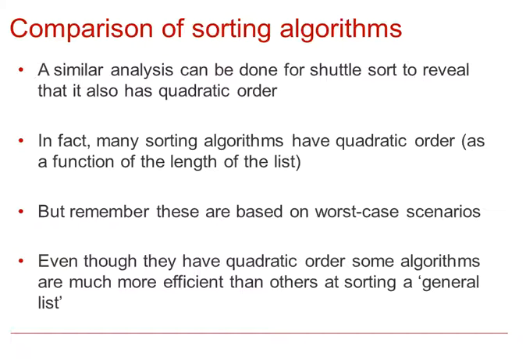Even though they have quadratic order, some algorithms are much more efficient than others at sorting a general list, as we saw with the shuttle sort compared to the bubble sort, with the number of comparisons being reduced. Remember, we don't need to know the full function of the complexity, but just that the highest order is n squared, which will dominate as n gets large.